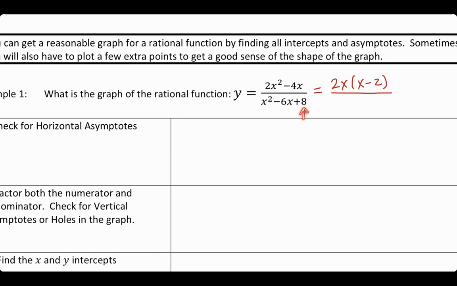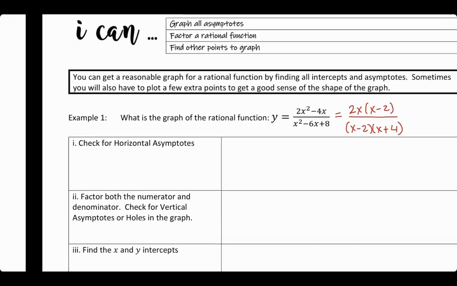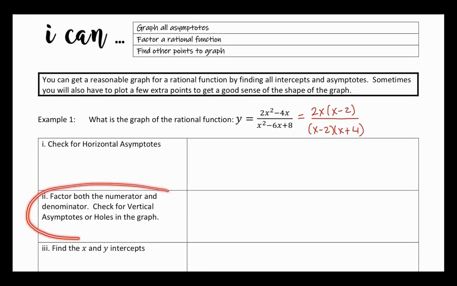What multiplies to 8 and adds to negative 6? Negative 2 and 4. So this is x minus 2, x plus 4. It's like the step 2 we're doing, but we're just going to do it right here because I've already started it.